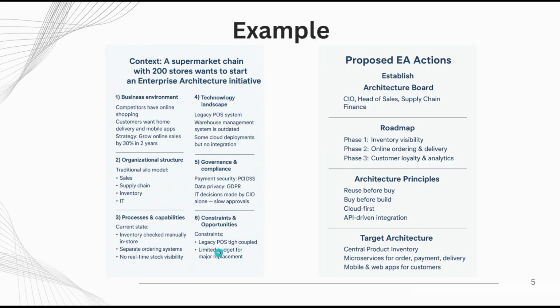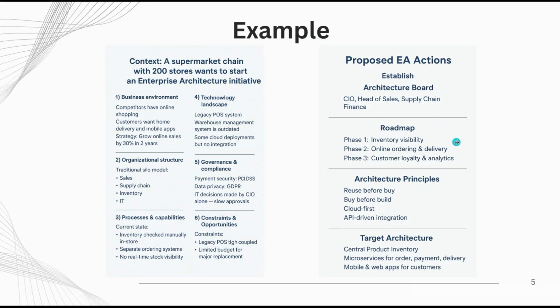So we are not going to solve this problem in this phase alone. But the major output of this phase is that we will establish an architecture board with people like the CIO, head of sales, supply chain, finance, and all the departments involved in the business that we are talking about.